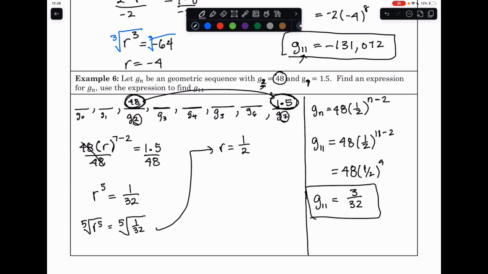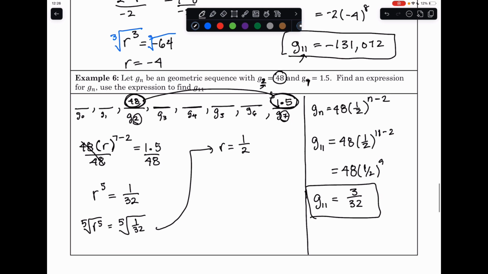So in these examples, it's a little bit trickier to figure out what the ratio r is. We have to use division and then some type of root. And setting it up again has its distinct method. You do not want to do it the other way and start with this value. You always want to put your sequence in order and start with the further number in the sequence.